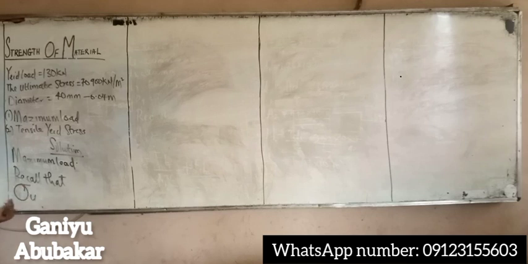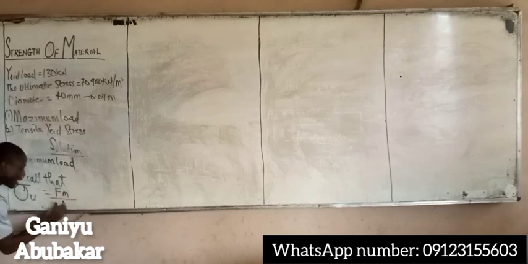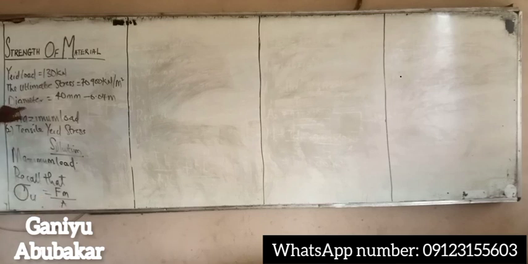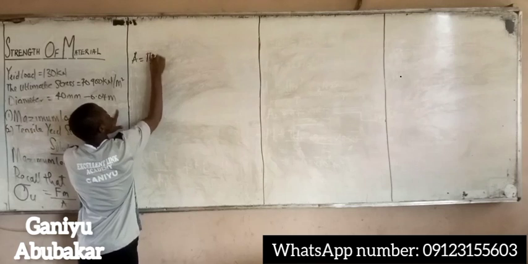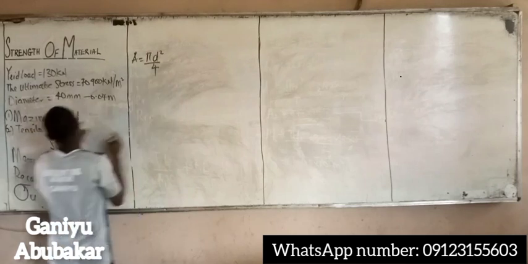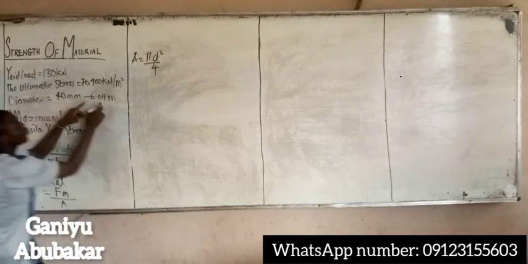So ultimate stress is equal to the maximum load, F, over area. So let's convert the diameter to area. Area is equal to pi d squared over 4.